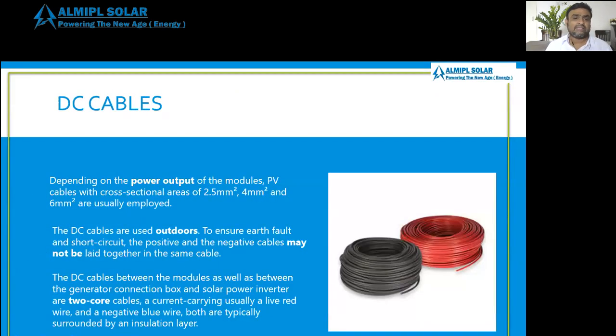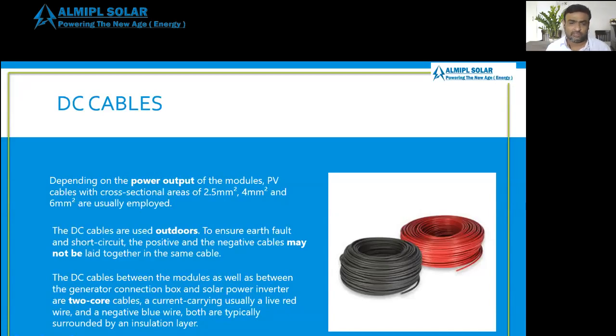DC cables, depending on the power output of the module: PV cable with cross sectional area 2.5 mm square to 4 mm square, and 6 mm square is usually employed. The DC cables are used outdoors to ensure protection against earth fault and short circuit.